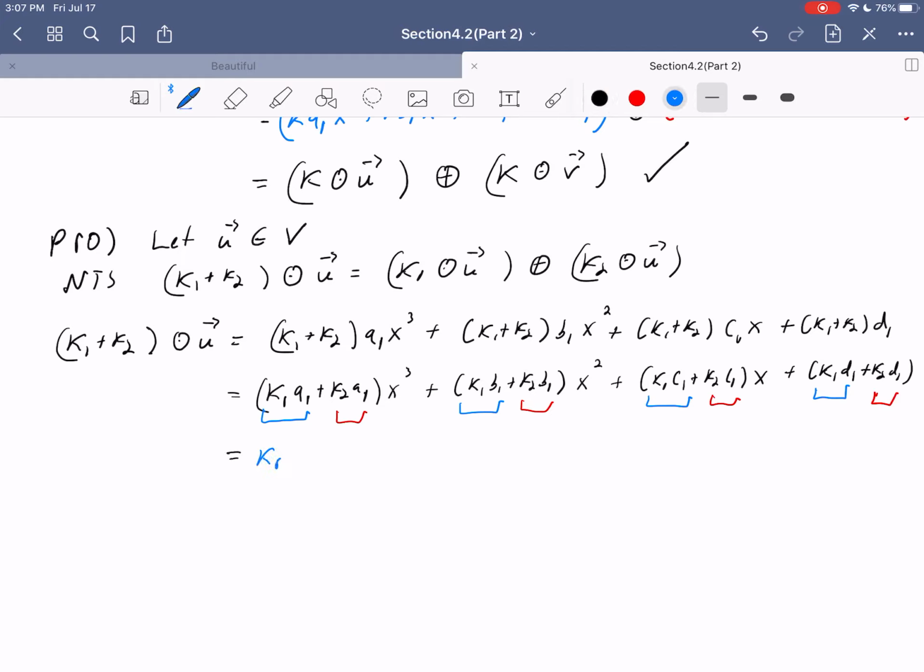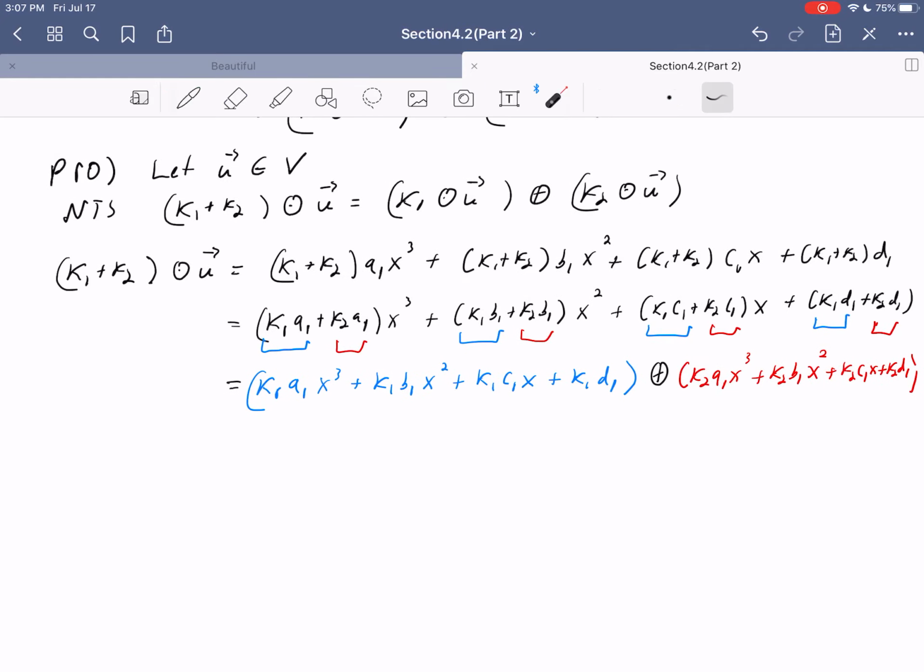So this would become K1A1 x cubed plus K1B1 x squared plus K1C1 x plus K1D1. That's all the blue stuff. And then that would be vector added to all the red stuff, K2A1 x cubed plus K2B1 x squared plus K2C1 x plus K2D1.